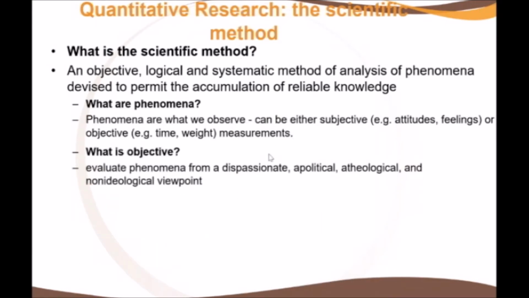And when we say it has to be objective, you should evaluate a phenomena and put your passions aside, put your political views aside, your theological views aside, and all your ideological viewpoints should not influence your study.